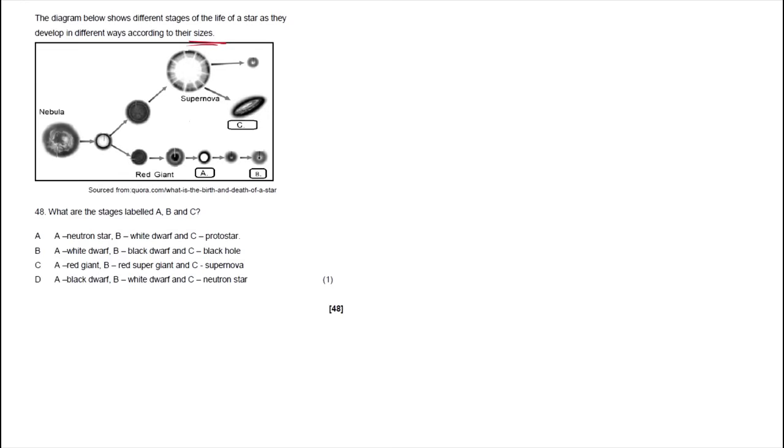Okay, so the question says, what are the stages labeled A, B, and C? So we can see that A is our white dwarf, and then B is our black dwarf, and then C is our black hole. So the correct answer will be B.